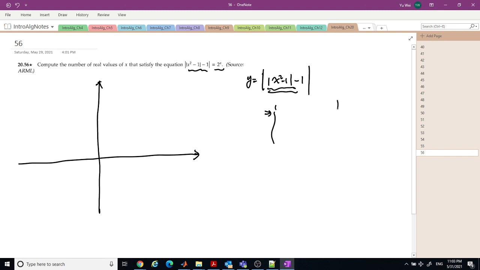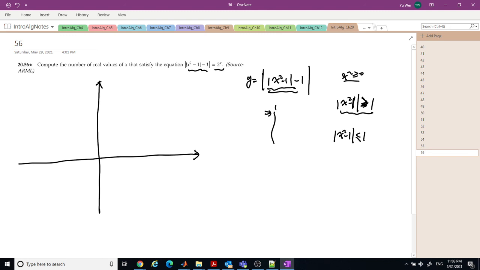So there is a case where x squared minus 1 is greater than or equal to 1, and a case where x squared minus 1 is less than 1, right? Greater than or equal to 1, or less than 1. It doesn't matter which side takes the equality. x squared should be greater than or equal to 0, right?